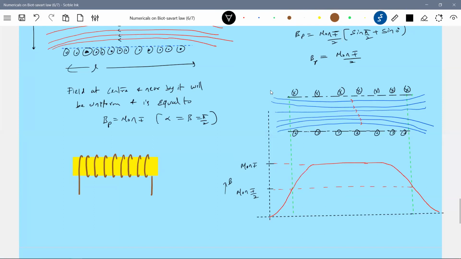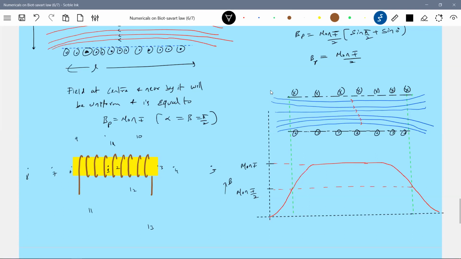I'm interested in these points: 1, 2, 3, 4, 5, 6, 7, 8, 9, 10, 11, 12, 13, 14. What about the field in these regions?